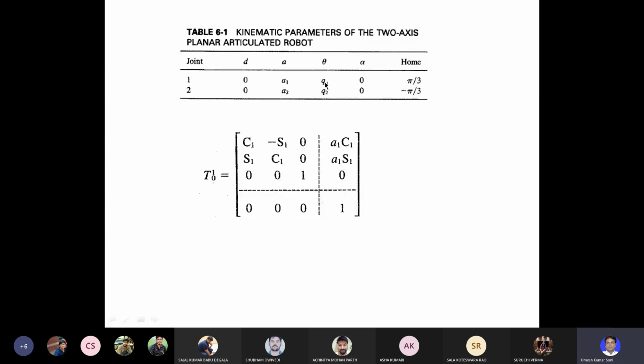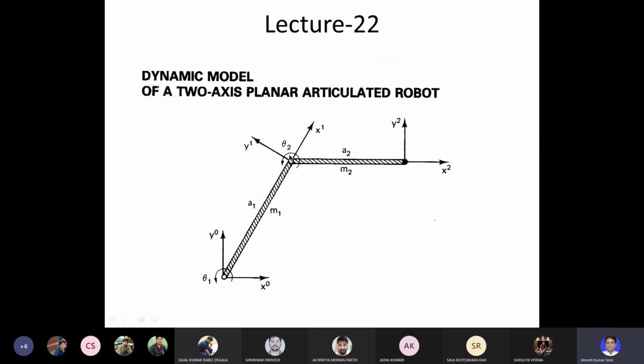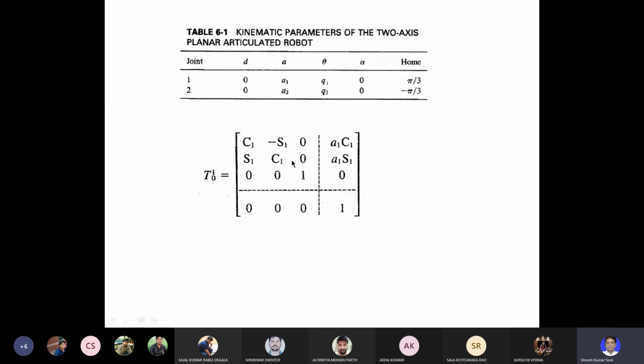Here the rotational angle about axis 1 is theta 1. This is the rotation of link 1, and we determine the orientation matrix as well as the position matrix for link 1. Okay, so the first frame L1 is projected to the base frame, that is L0. So this transformation will work.